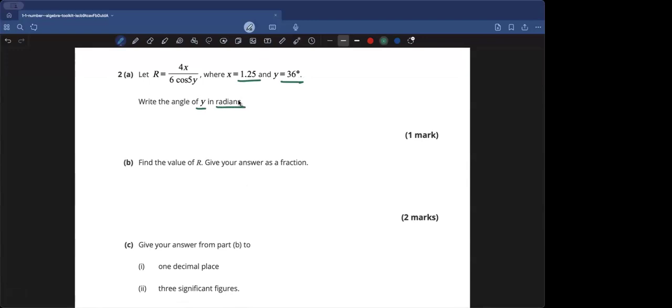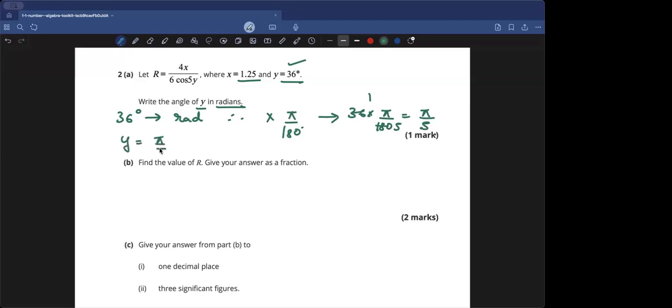One thing you need to know is that Y is 36 degrees, and you need to convert it into radians. To convert any degrees into radians, you simply multiply by pi over 180. So we do 36 times pi over 180, and 36 times 1 over 180 is 1 over 5, so we get pi over 5. Therefore, Y is equal to pi over 5 radians.